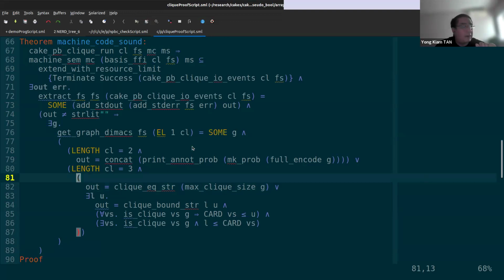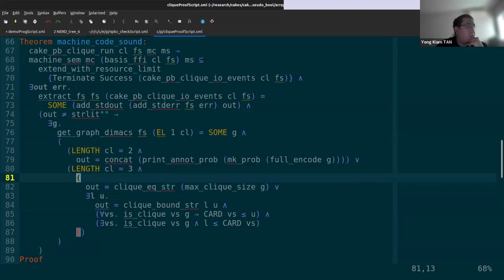One thing to note is that this proof checker talks directly about the mathematical semantics of what it means for a graph to have a clique. So it doesn't need to even mention the intermediate pseudo-Boolean semantics, which is used in the proof.